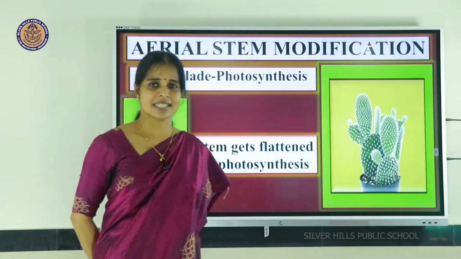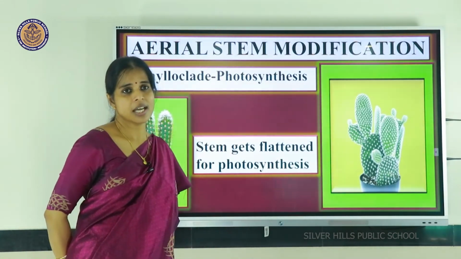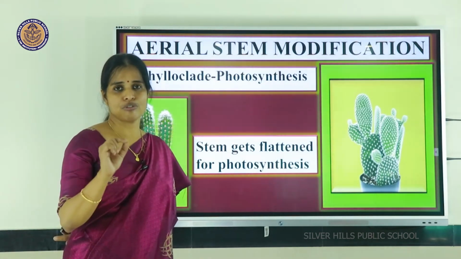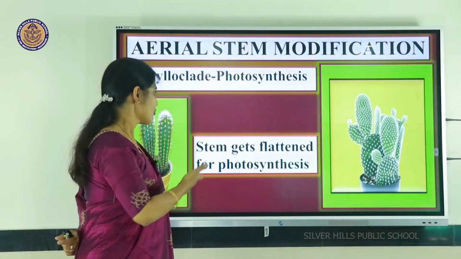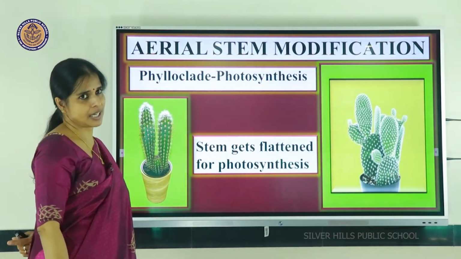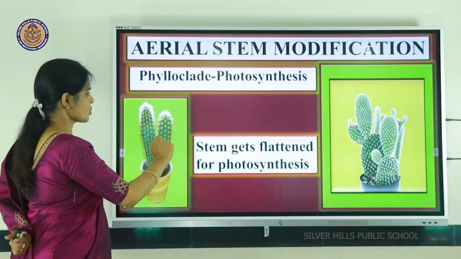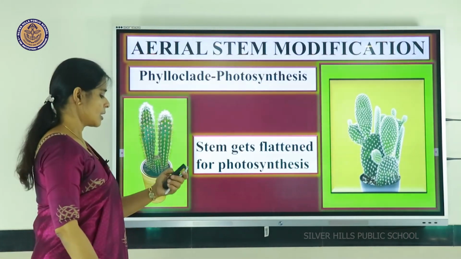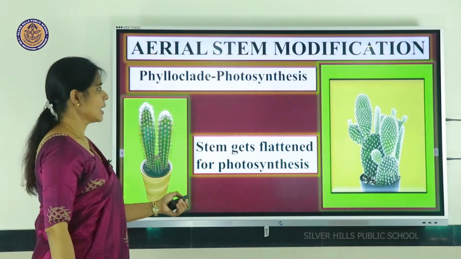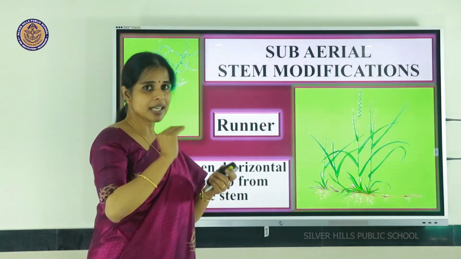So phylloclade is an aerial stem modification which helps in photosynthesis by forming a flattened structure able to trap the sunlight. Thus, we have come to an end for the aerial modifications.